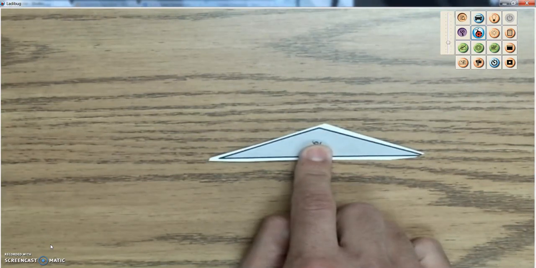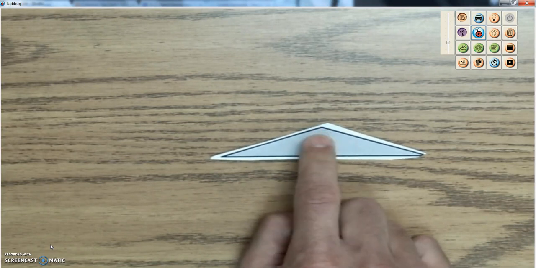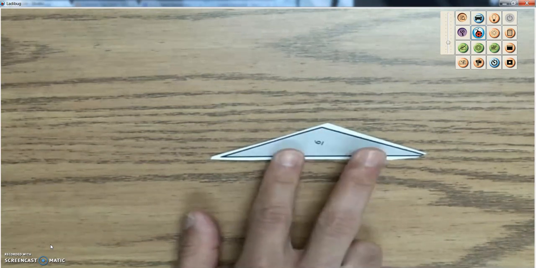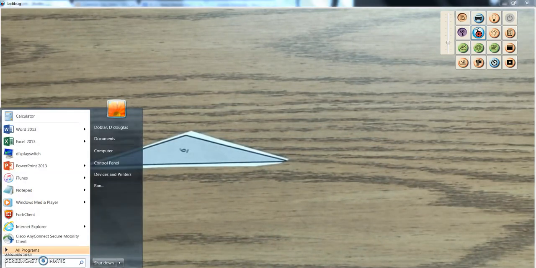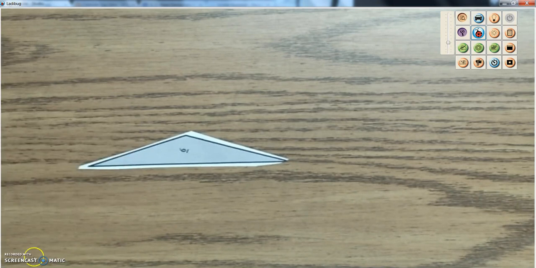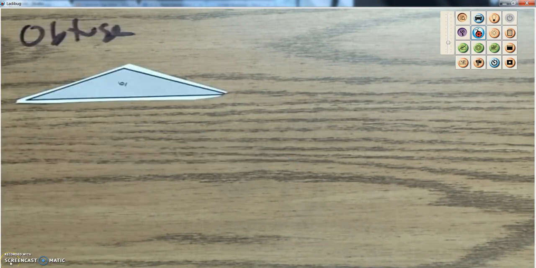So that would be an obtuse triangle because it has an obtuse angle. Let me get a marker here and put those on the table. There we go, so that's obtuse.